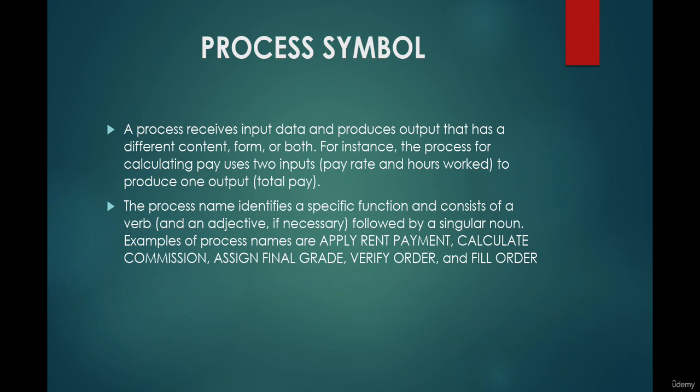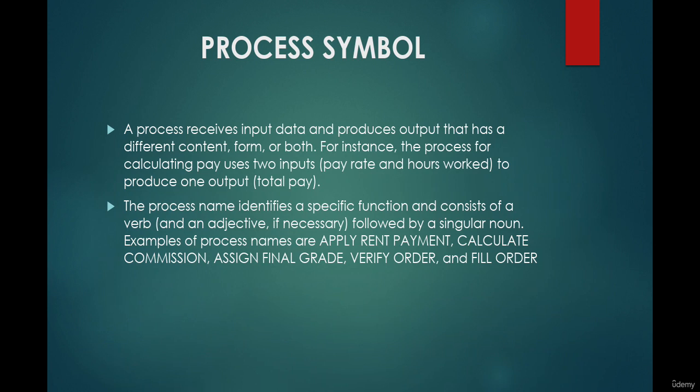Starting with the process symbol, a process receives input data and produces output that has a different content, form, or both. For instance, the process of calculating pay uses two inputs, pay rate and hours worked, to produce one output, that is the total pay. A process can be very simple or quite complex.